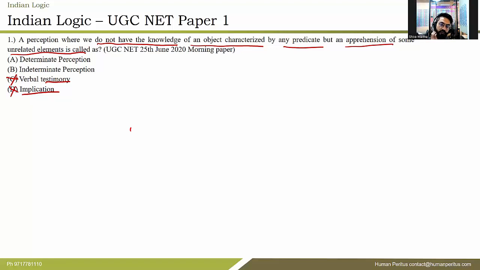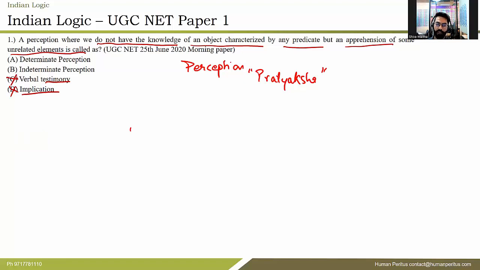Now, what we are left with are determinate as well as indeterminate perception. Now, let us understand what perception actually means in Indian logic. Perception is called pratyaksha in Indian logic.